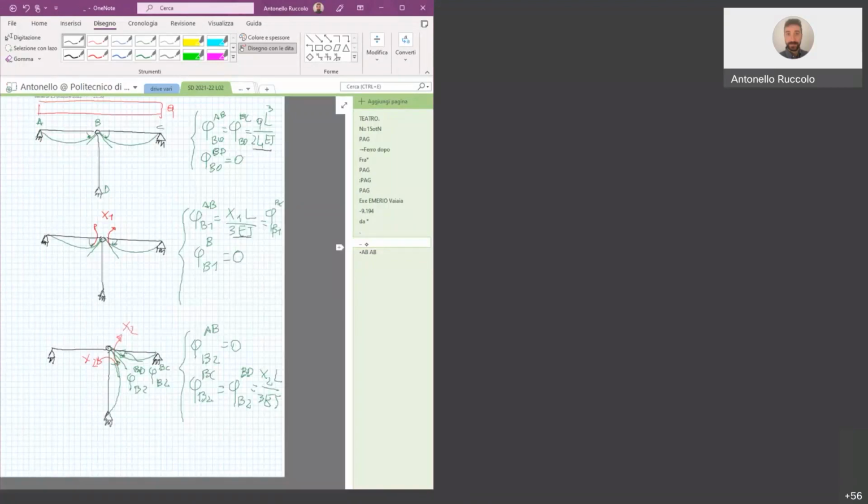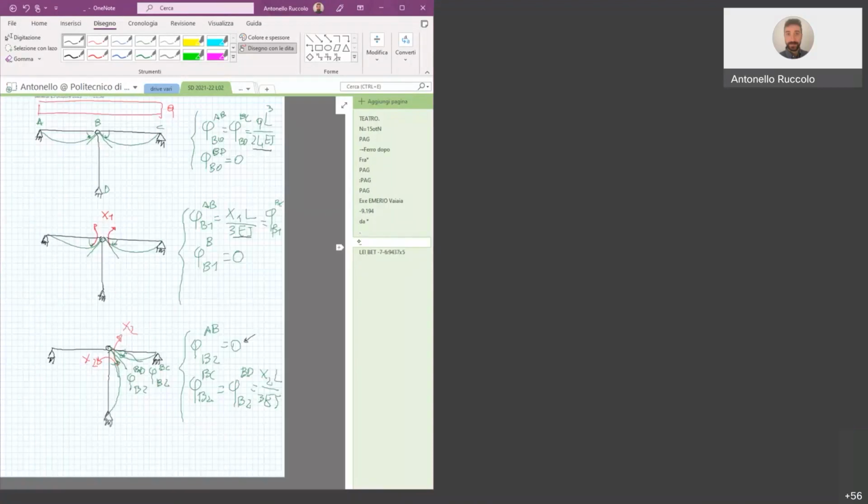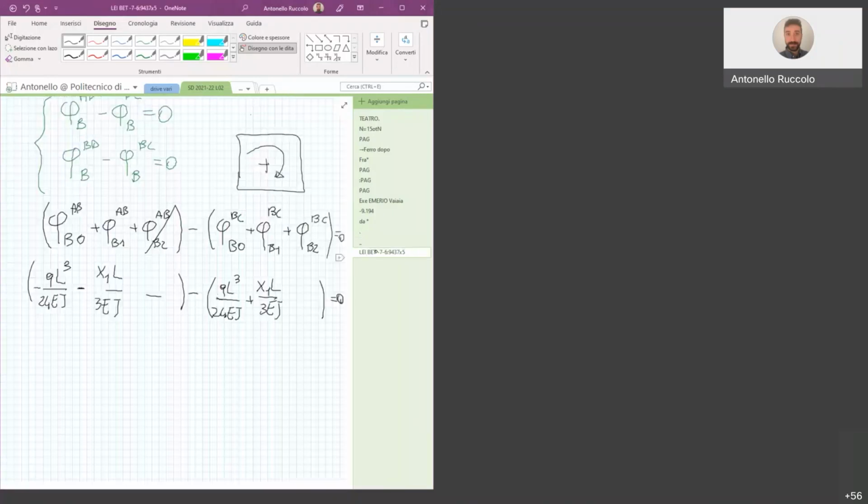In AB it is equal to 0, whereas the second one is clockwise, so it is positive, x2 times L over 3 iota. So it is plus 0, we can neglect it, plus x2 L over 3 iota.